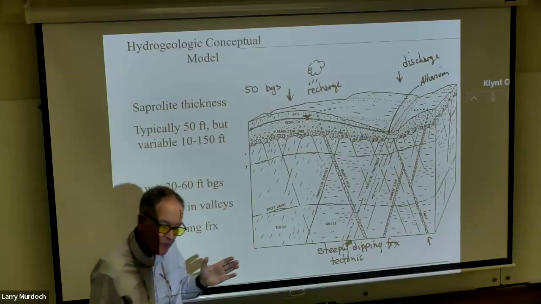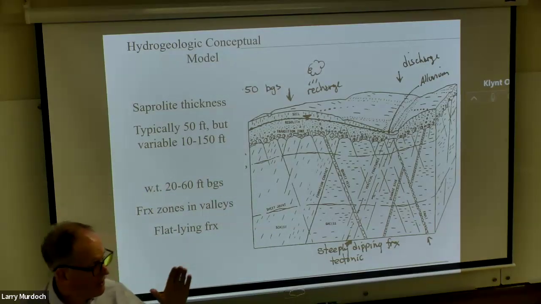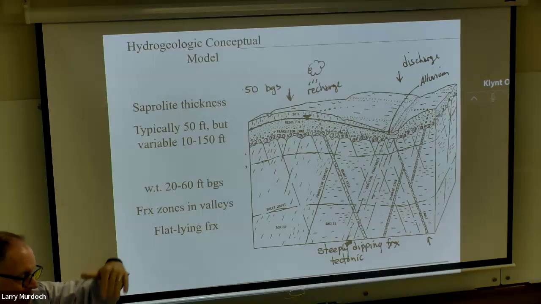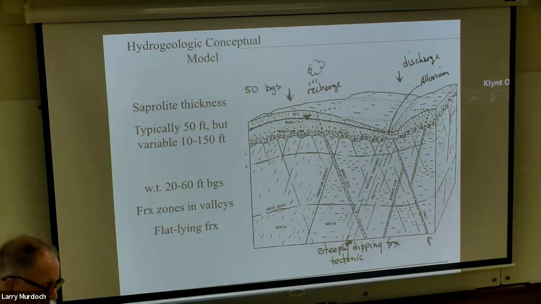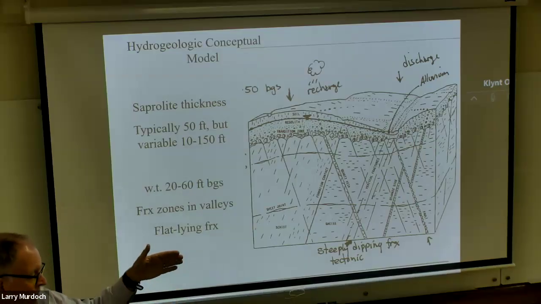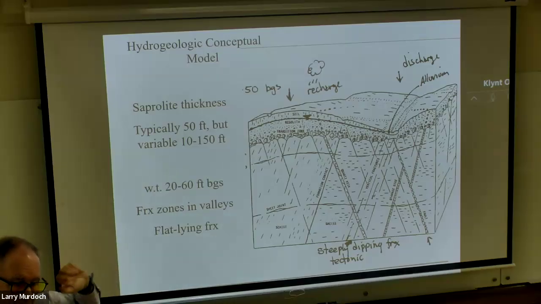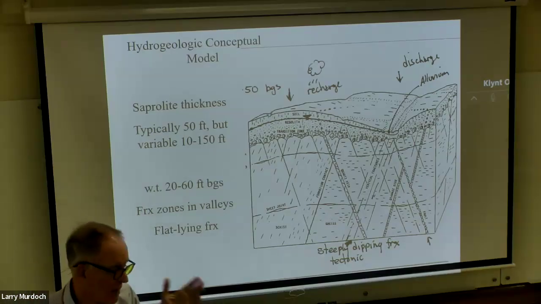You can look at maps in this area, and there are places where the streams have kind of a meandering pattern, but then there are places where the streams follow just a straight line. And then maybe jog over and follow another straight line. Those are often interpreted as places where the streams are following the fracture zones.